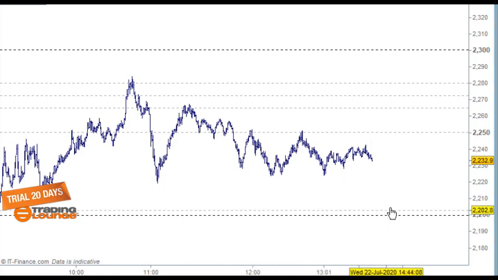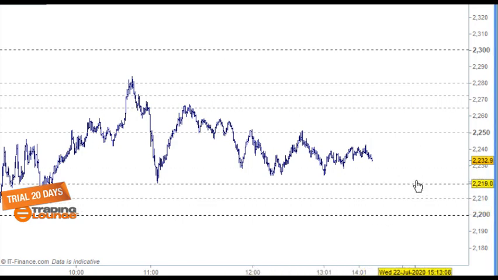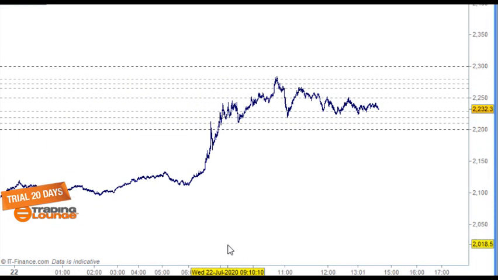Normally you get good support on group 1, so group 1 is 10, 20 and 30 here. If the number 2 here becomes the retested resistance, that's the 20 here, the 2220, this is group 1, the number 2 within group 1. If that becomes the resistance, you're going to be pulled down to this point here. But yeah, so we'll just see how that pans out there.